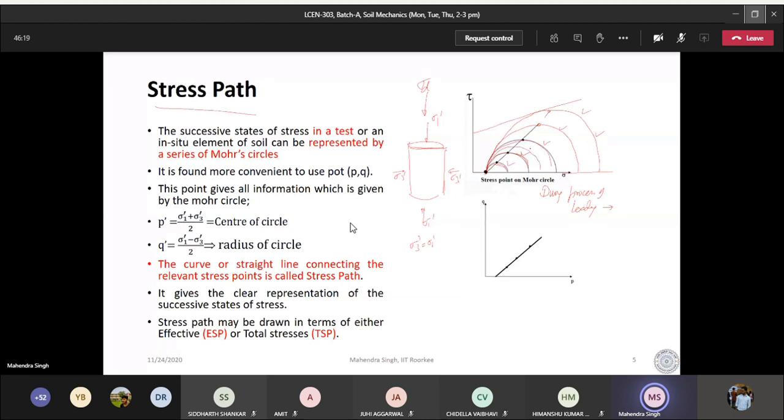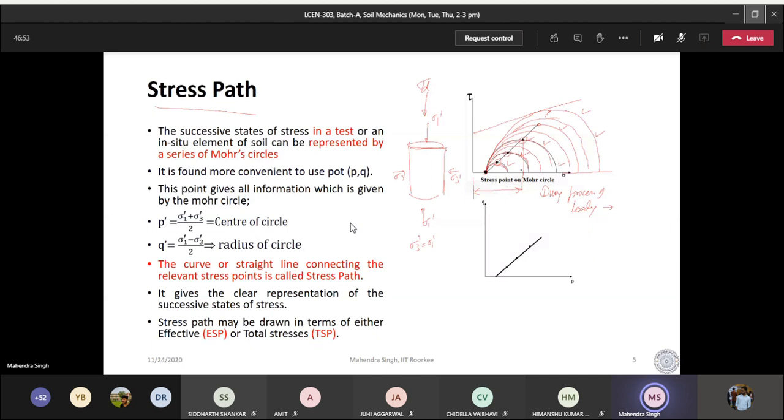So people have found it convenient that rather than taking circles and drawing circles, which becomes cumbersome, they took this point. So let us say this is the circle and I take this point. And rather than plotting this entire circle, I plot only this point. And this point gives me all the information related to this circle.